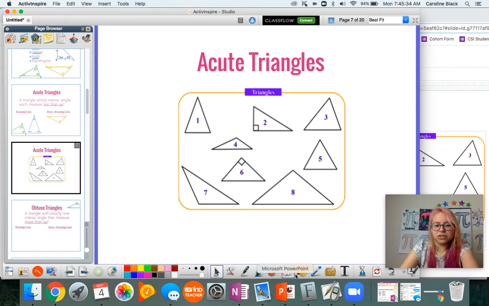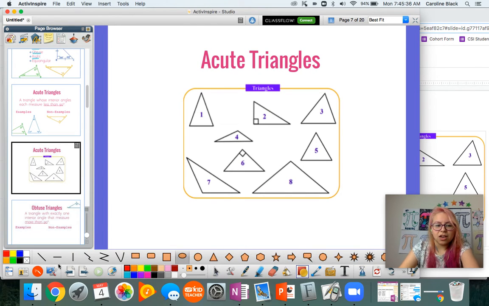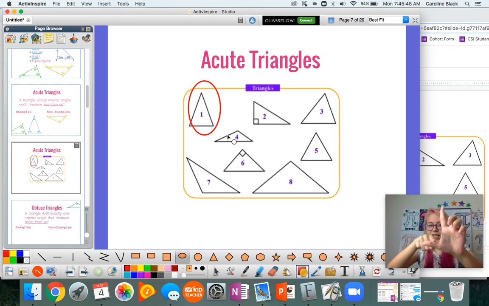And that is correct because all of the angles, now here they don't give you the measurements, but we can see with our eyes that all of the angles in number 1 are less than that L shape. They are narrower than that, right? Same thing with number 5.